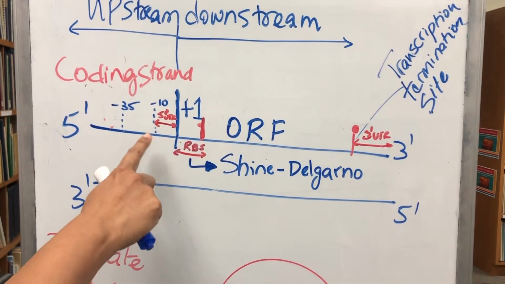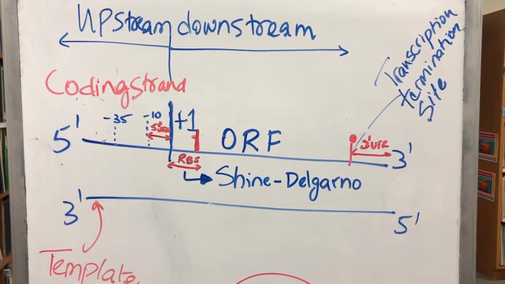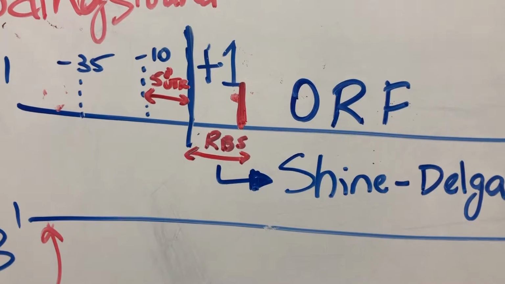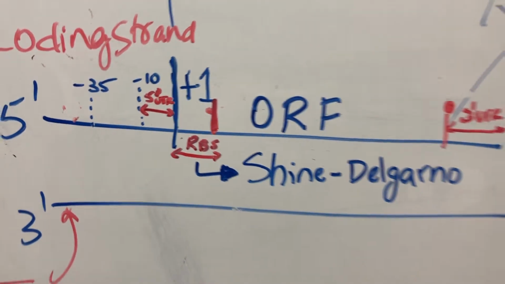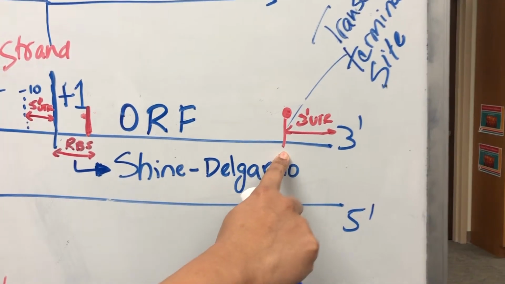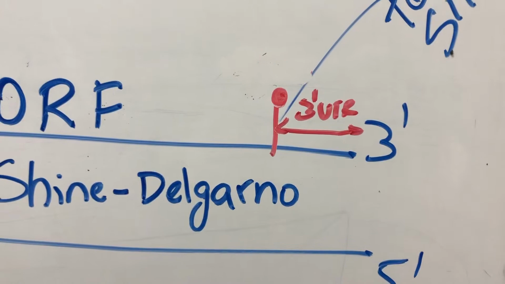There is a small region between the -10 and the +1 region called the 5' UTR, which stands for untranslated region. There is also another region right after the stop codon, the 3' UTR, which is also an untranslated region.